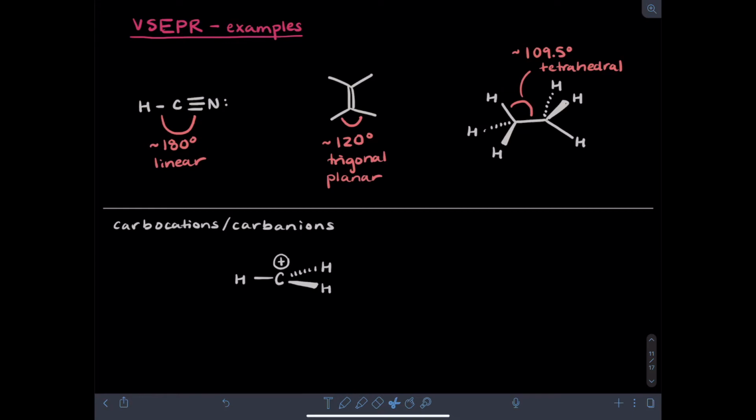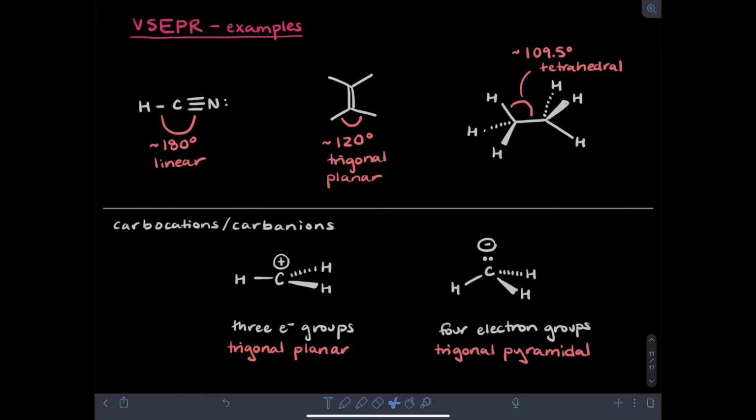Notice that this carbon has 3 electron groups around it, the 3 hydrogens. I would predict that this carbocation would have trigonal planar geometry. In the case of the carbanion, in this case methyl anion, I have instead 4 electron groups. 3 of them the bonds to hydrogens, and the 4th one the lone pair on carbon.